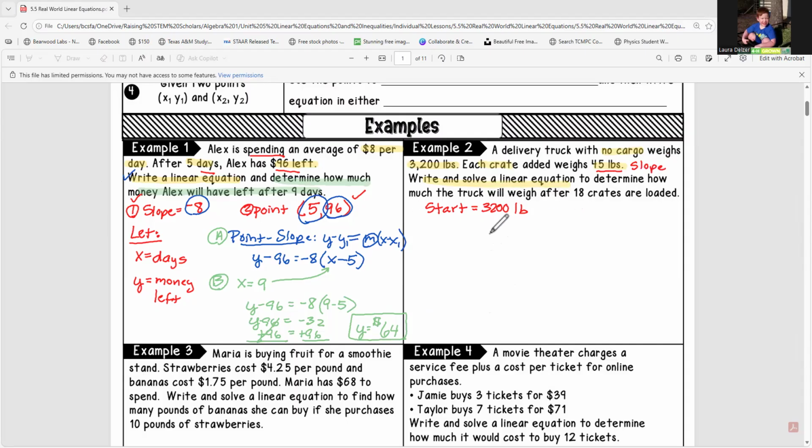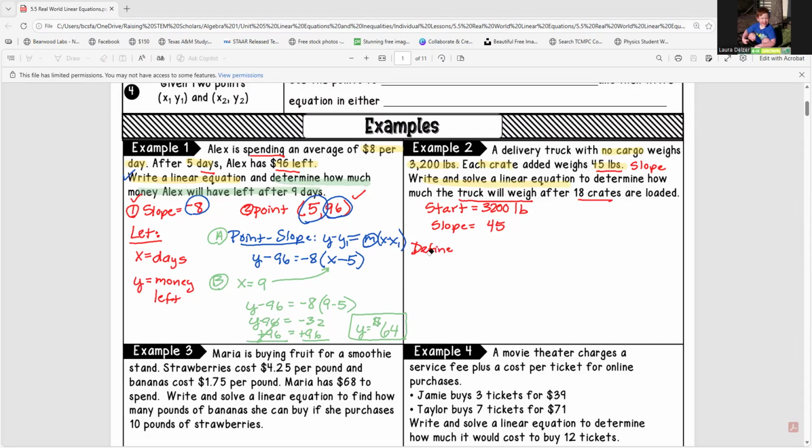So we just know each crate is 45. So slope is 45. And so it'll be like how much the truck will weigh overall. So we're thinking about what it's going to weigh after you've got 18 crates, but that's our next problem. Let's go ahead and define our variables.